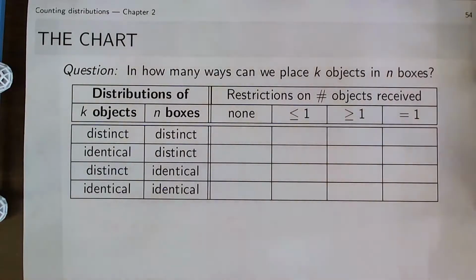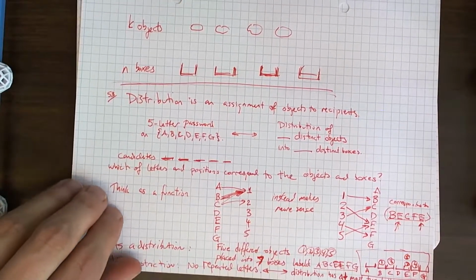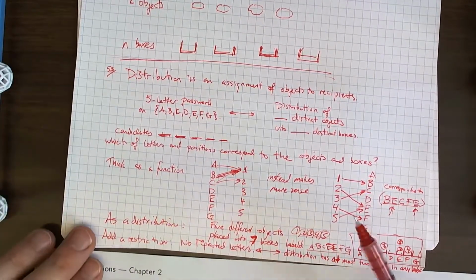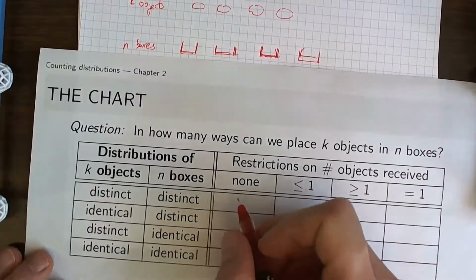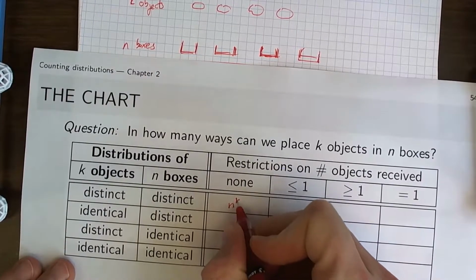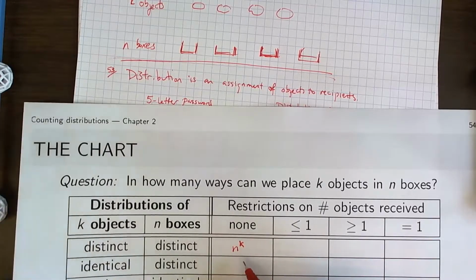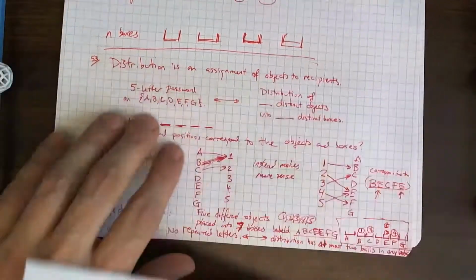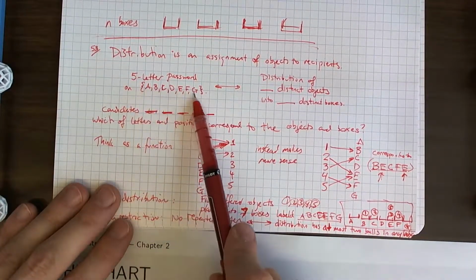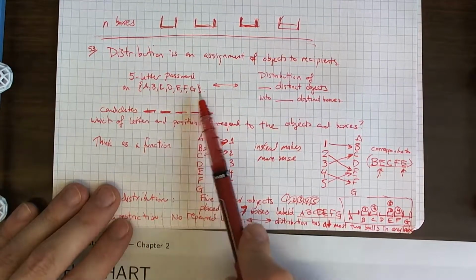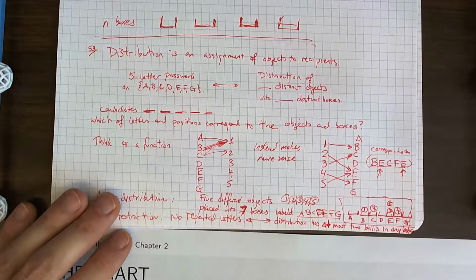All right, so what have we been talking about? We've been talking about these distinct objects going into distinct boxes with no restriction. Those were the passwords, and there were n to the k passwords. We were dealing with 5-letter passwords on a 7-letter alphabet, which correspond to 5 different objects placed into 7 boxes.